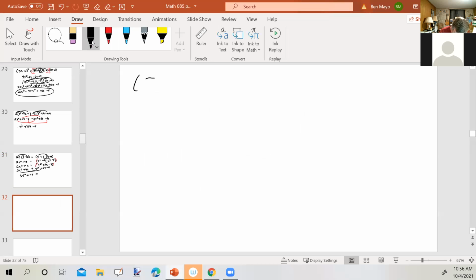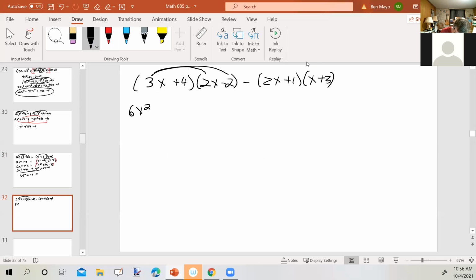Let's see, I've got 3x plus 4 times 2x minus 2, minus the quantity 2x plus 1 times x plus 3. So we'll do the multiplication first. That is, we'll distribute. So we get 6x squared minus 6x plus 8x minus 8.